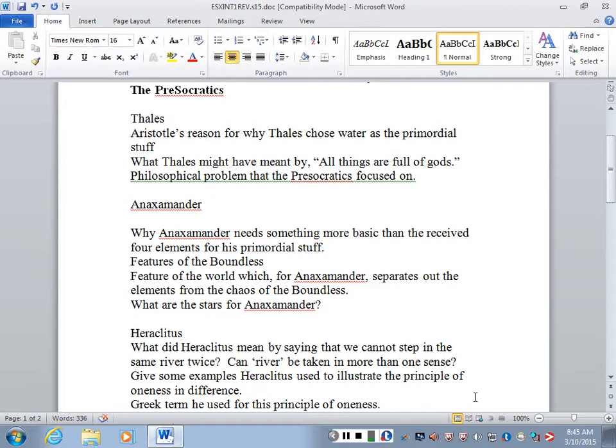But things within the primordial stuff, which for him is the apeiron, are undistinguished, and so the words indefinite, boundless, indeterminate are used to describe this primordial stuff, and it's something more basic than what our senses put us in touch with.